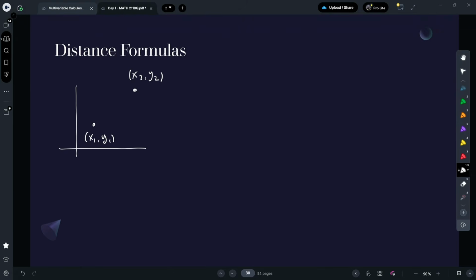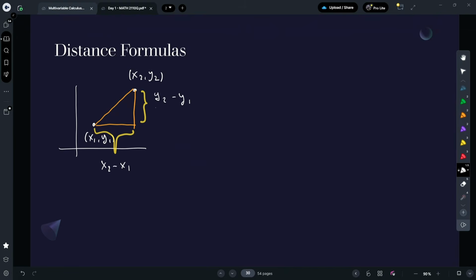So I know how to compute the distance from here to here because I can use Pythagoras theorem. So if I draw a triangle there, then I know that this length from here to here and this length from here to here is, on one hand, this is x2 minus x1, and this is y2 minus y1.